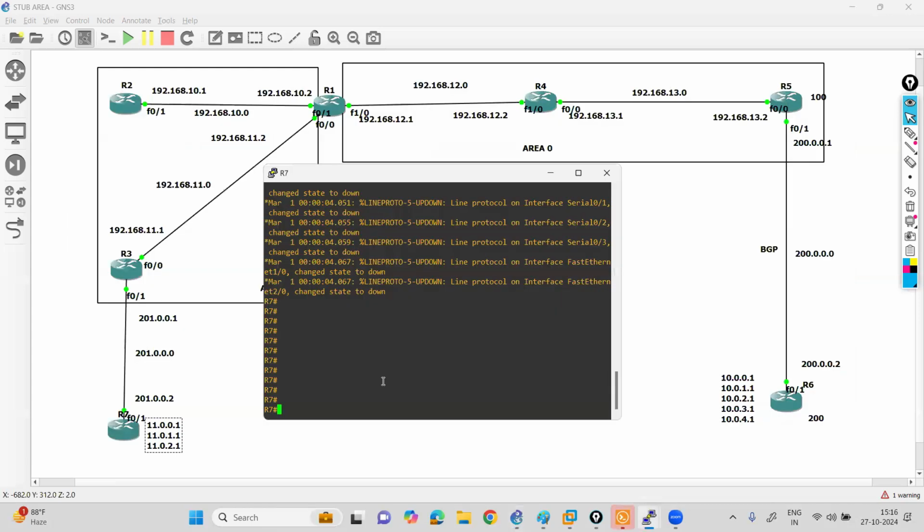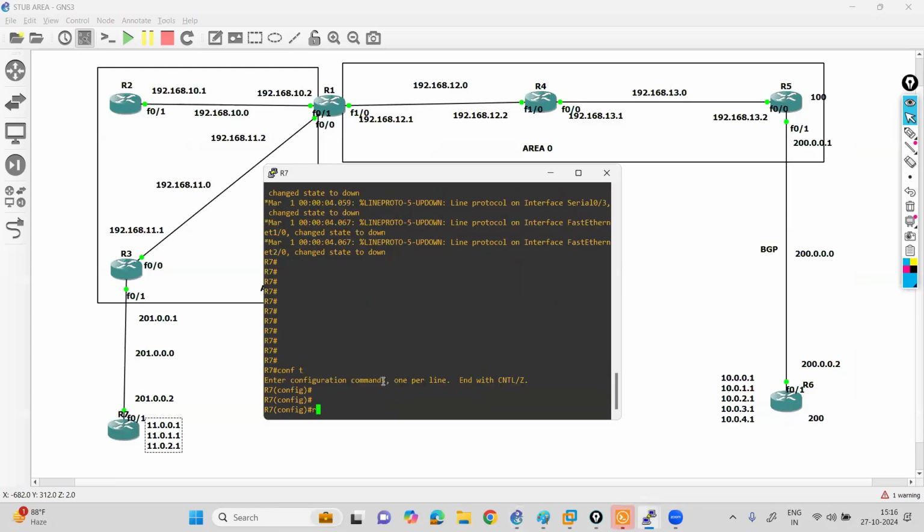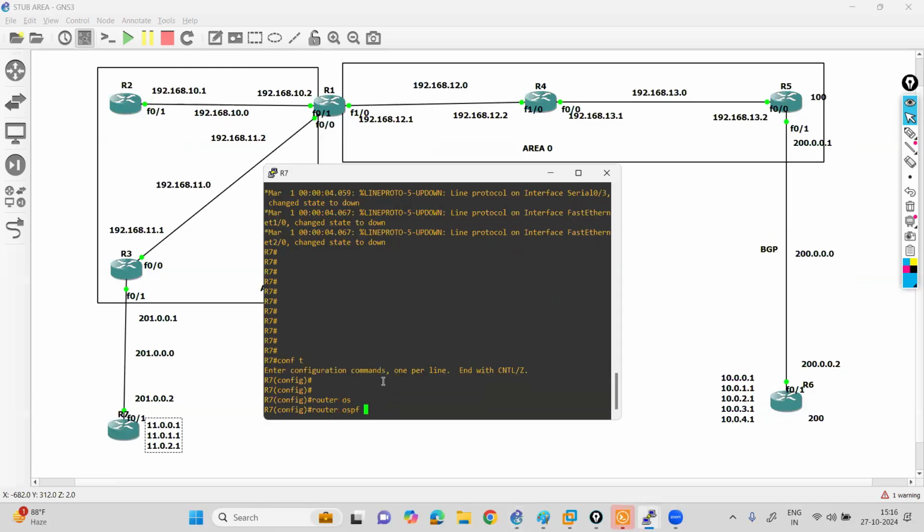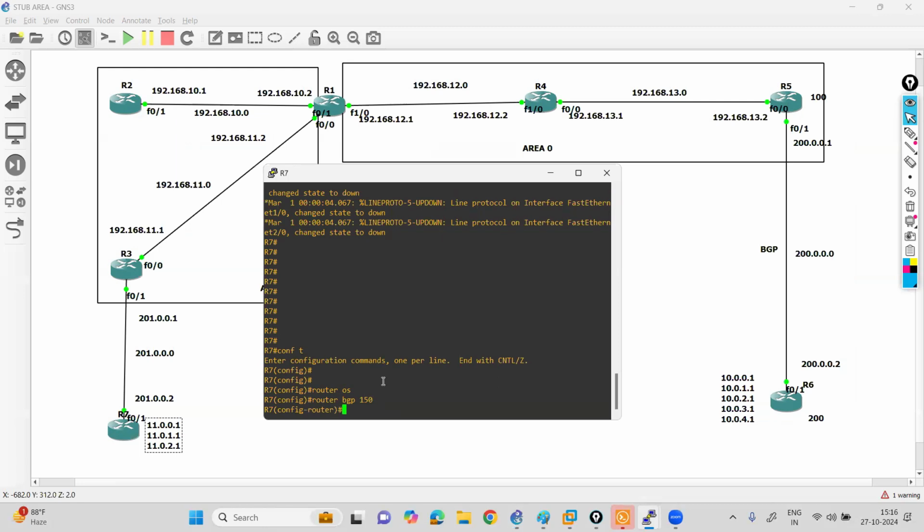Let's go to router number 7, configure terminal, router BGP. Let us assume it's part of BGP 150, router BGP 150.